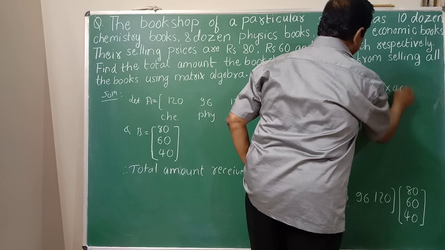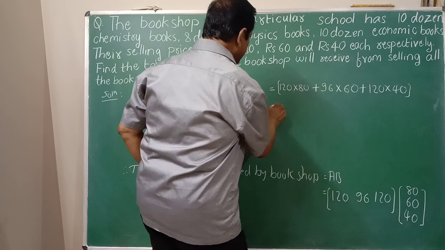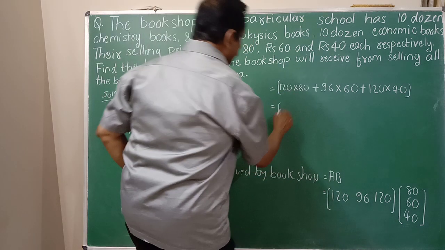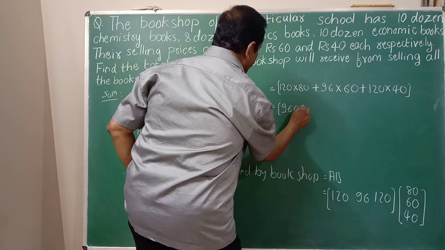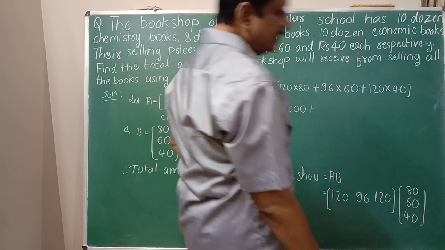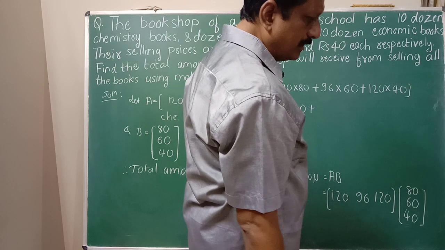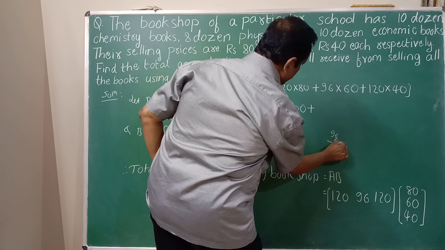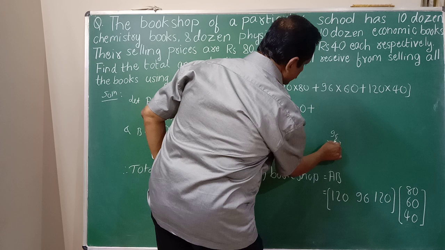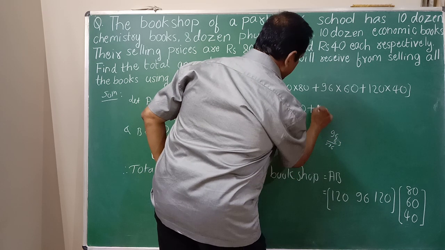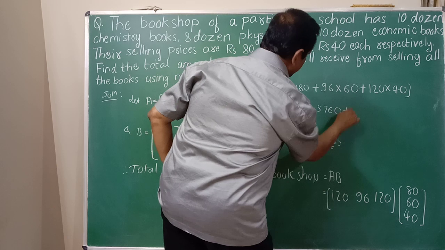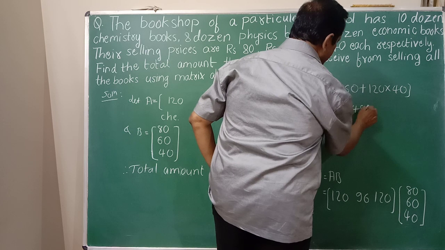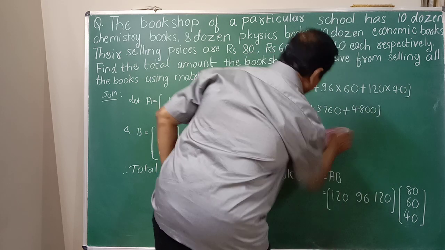Therefore, 120 into 80 is 9,600, plus 96 into 60, which is 5,760, plus 120 into 40, which is 4,800.